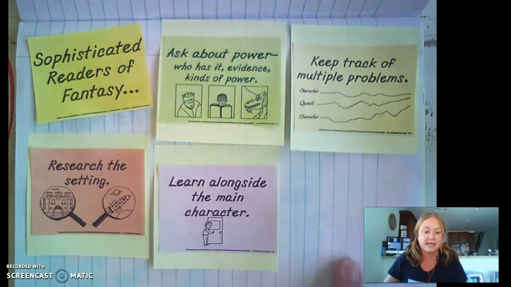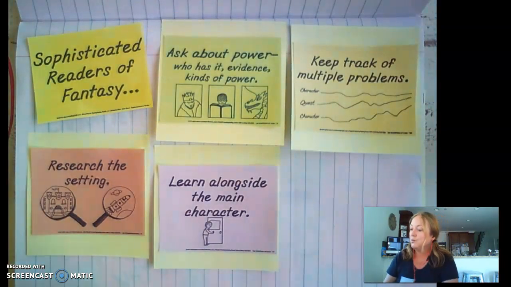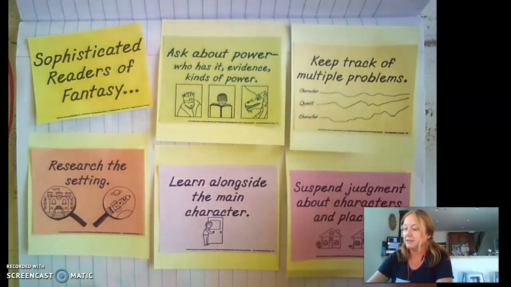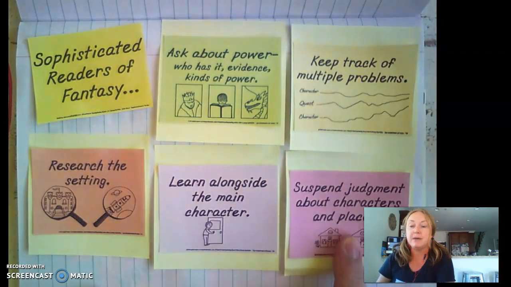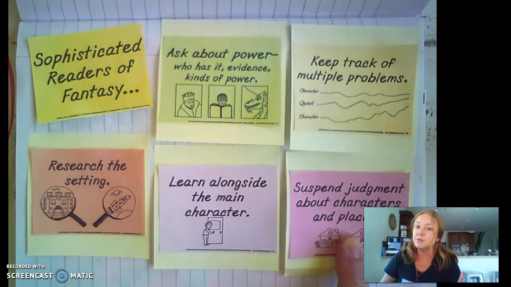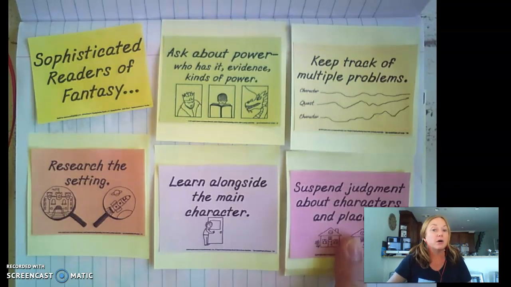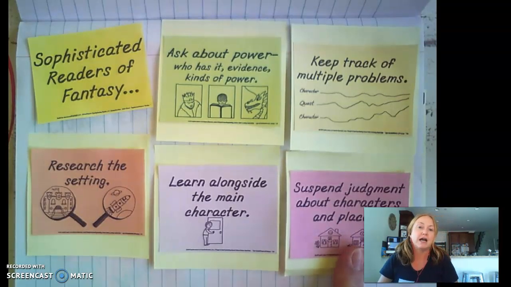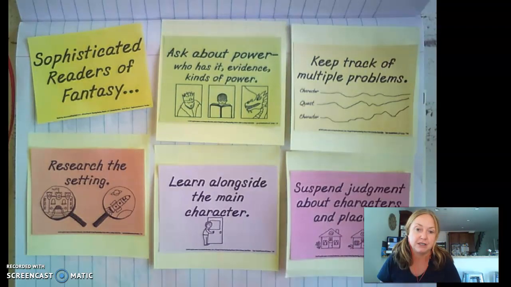And the last lesson and today's lesson is about suspending judgment about a character and places. So don't judge someone before you know all the information or before you've really looked at those character actions.